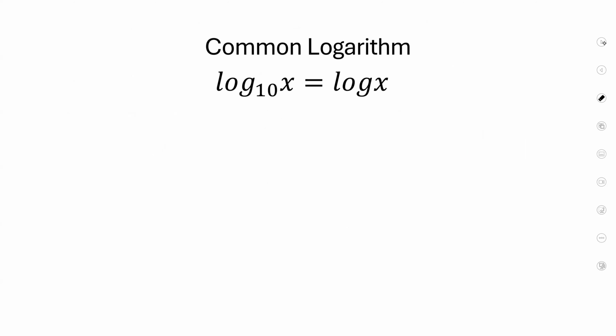Now let's talk about the common logarithm. The common logarithm is when your base is 10. If the base is 10, you don't have to write it, so you can just write it like this.